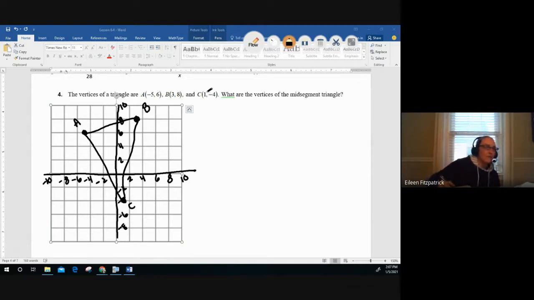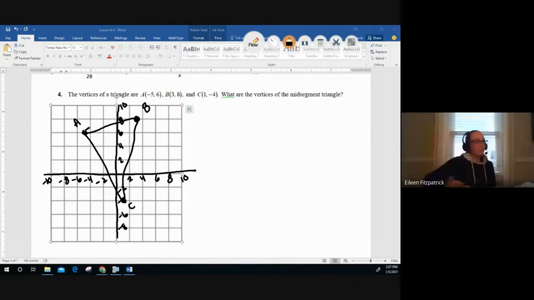Well, if I want to find the mid-segment, that means I need to find the midpoint of each side. Now, you can probably easily find the midpoint if you want. You would do rise over run, right? And then just go up half of the rise and half of the run.